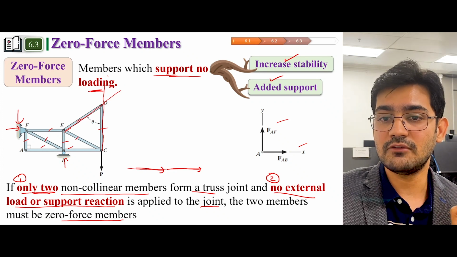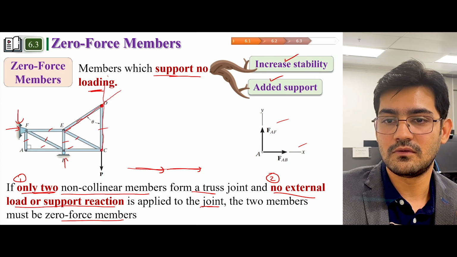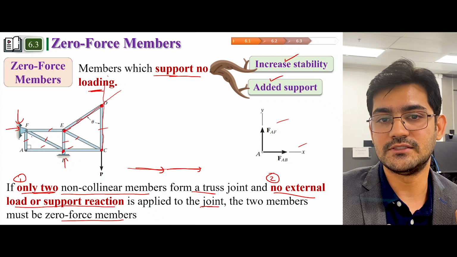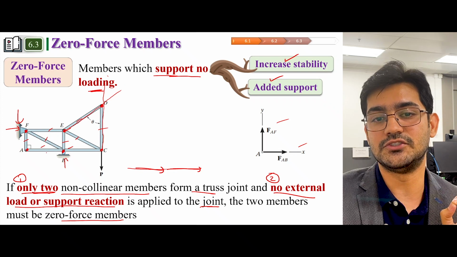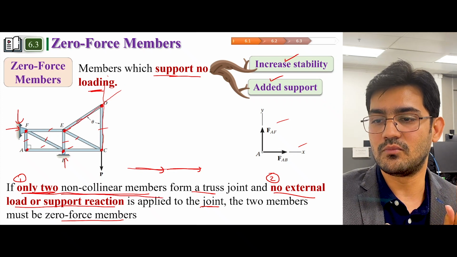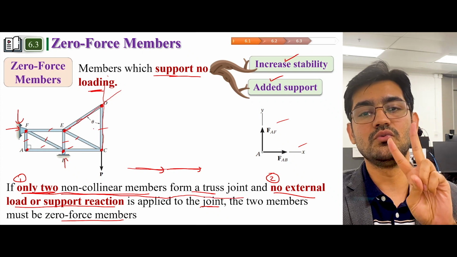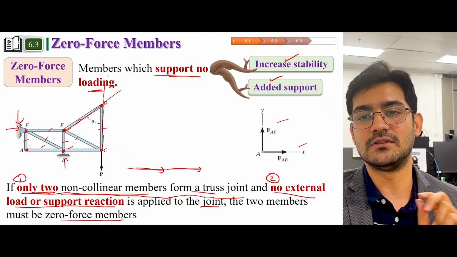Now we have to see all the joints. In order to find zero force members, we have to look at the joints. The first condition is that only two non-collinear members form a truss joint. So which joints have only two members forming the truss?